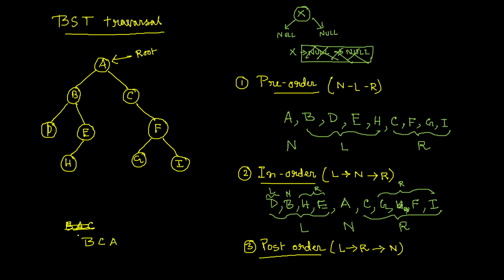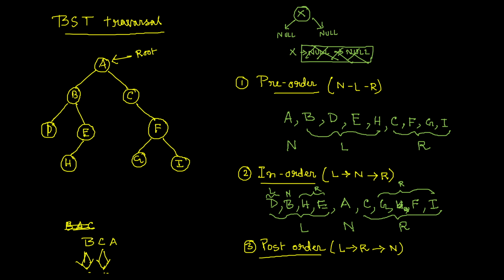But you know B is not a leaf node. So B has something to enlarge. C has also something to enlarge. Then we can write A. Now if you stand on B, you will see B has a left child D and right subtree EH.